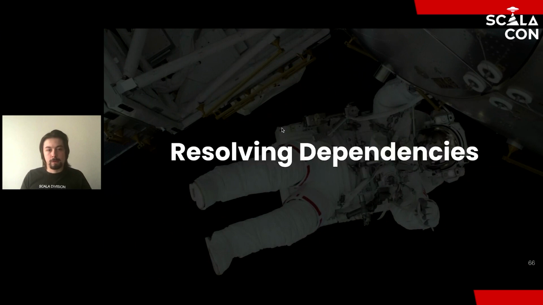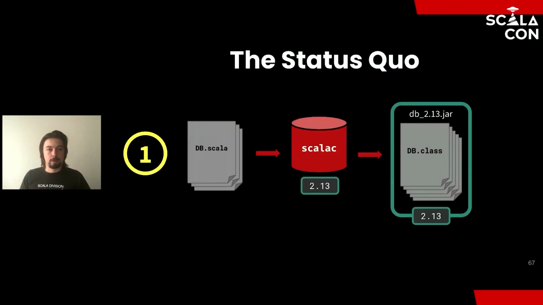Okay, it's all well and good describing that process, but how does it actually work? Let's take a look at what happens typically in a Scala build. We have some code here, that database class that we just saw.